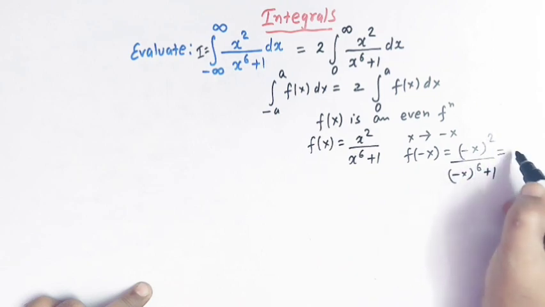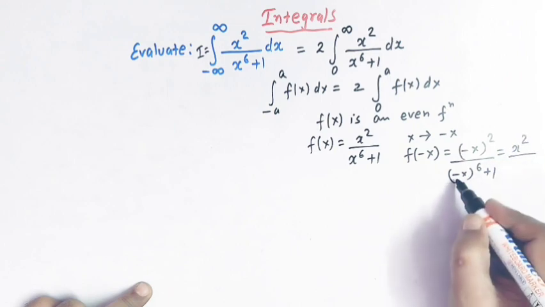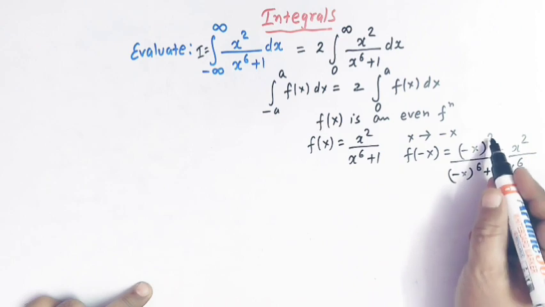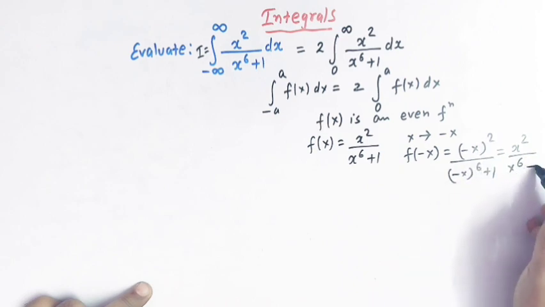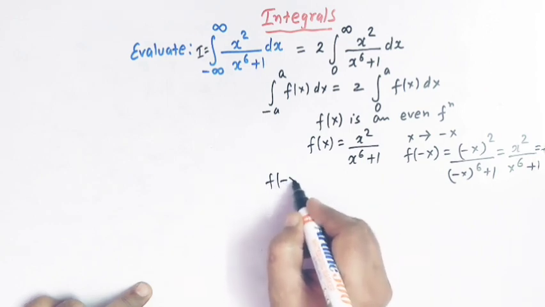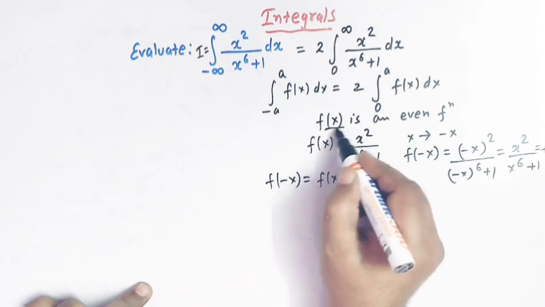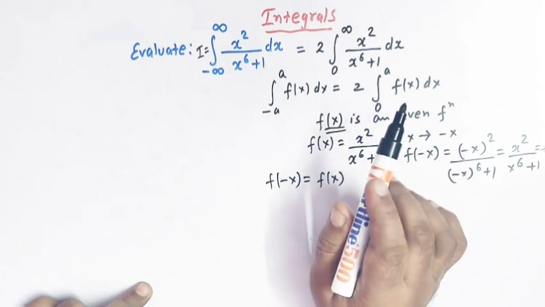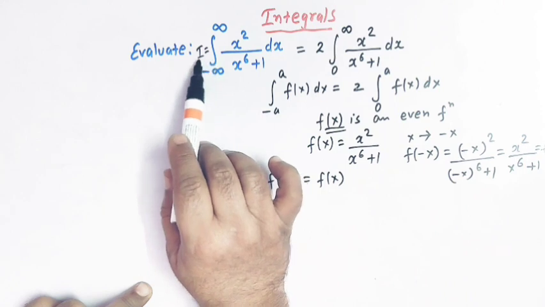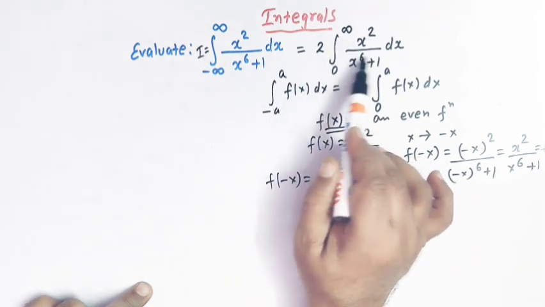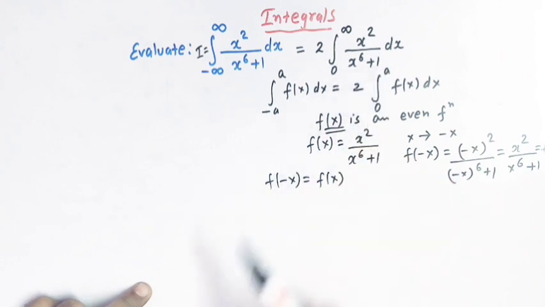So minus x squared is simply x squared, and minus x raised to 6 is x raised to 6, because here we have even powers, and this is equal to f of x, right? So we see that f of minus x is equal to f of x, so f(x) is an even function, right? So this integral I can be written as 2 times the integral from 0 to infinity of x squared over x raised to 6 plus 1 dx.